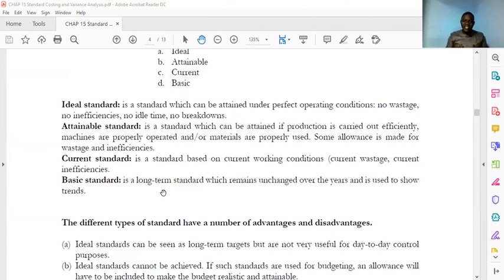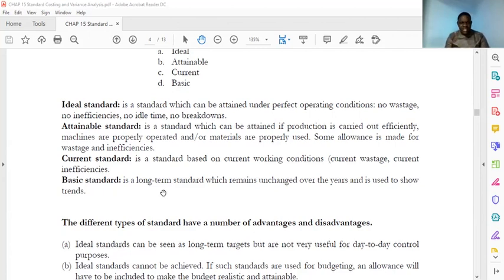Under that, no wastages are expected, no inefficiencies are expected, no idle time is expected, and we do not expect machines to break down. So it's a standard that is attained under the most perfect operating conditions.